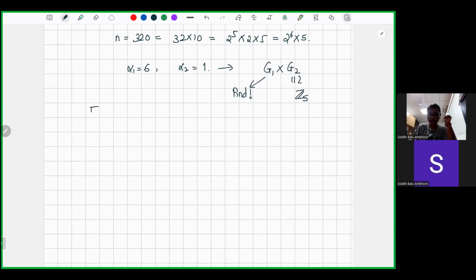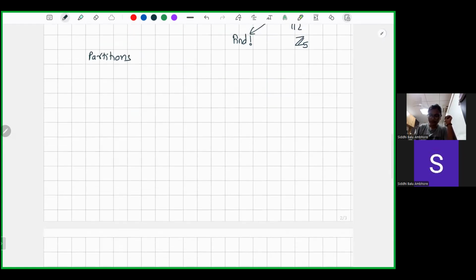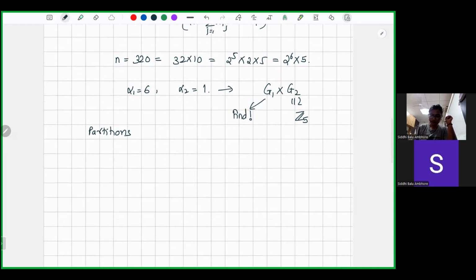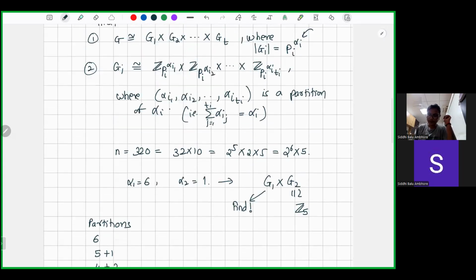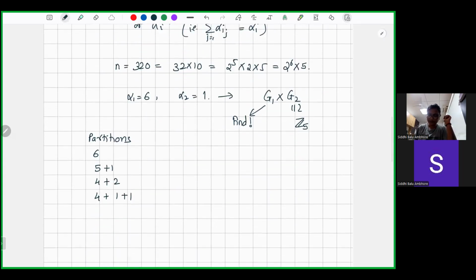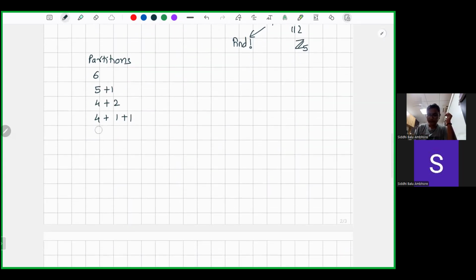As I told you yesterday, the partitions of 6 are: 6, then 5 plus 1, then 4 plus 2, then 4 plus 1 plus 1. There are quite many of them, but let's see. Then 3 plus 3, 3 plus 2 plus 1, 3 plus 1 plus 1 plus 1, then 2 plus 2 plus 2.